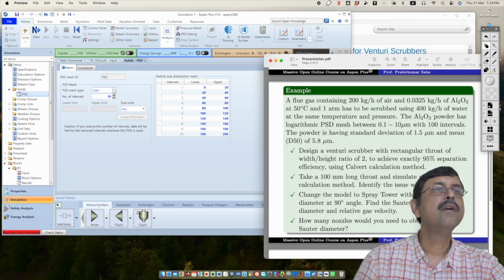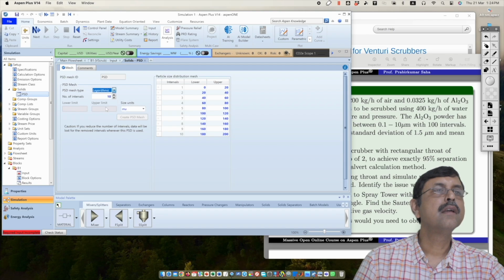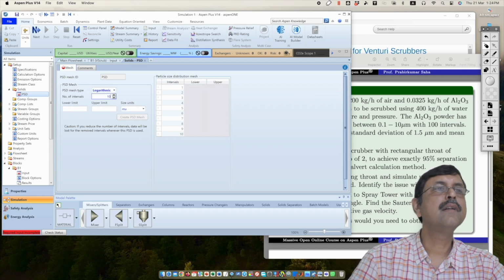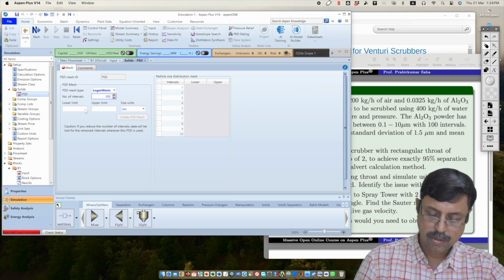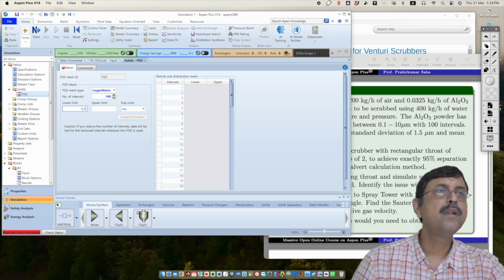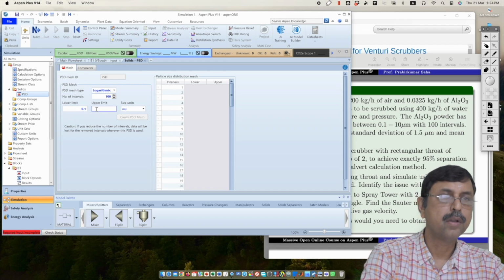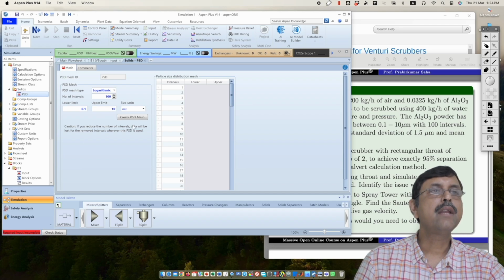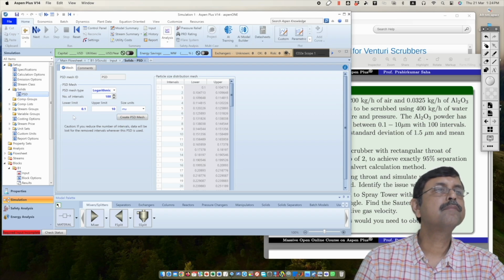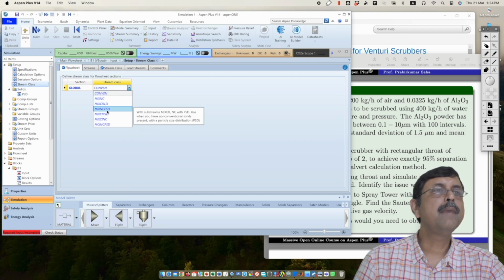So we have logarithmic, 100 intervals for 0.1 to 10 micron. Here we can use mu or you can use micron, whatever you want is the same. Create PSD. Right. And we have to choose the stream class also. So choose mix CLPSD. So these 2 are defined.